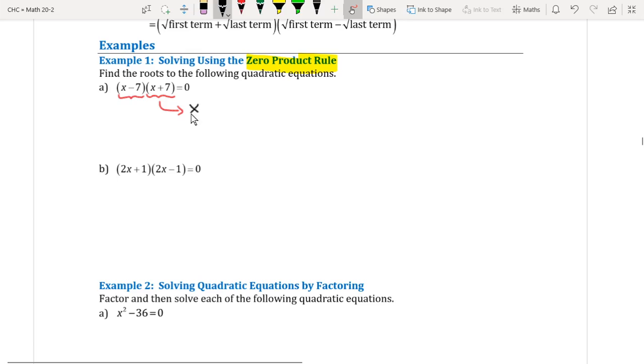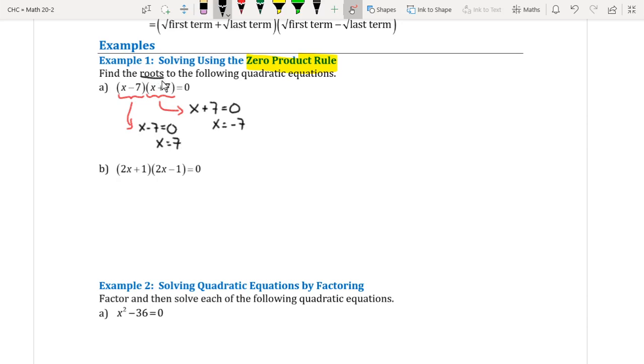So x plus 7 equals 0 when x equals negative 7. And then we do the same thing with the first binomial. x minus 7 equals 0 when x equals positive 7.